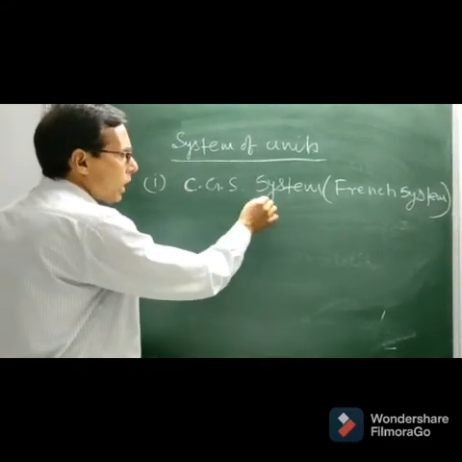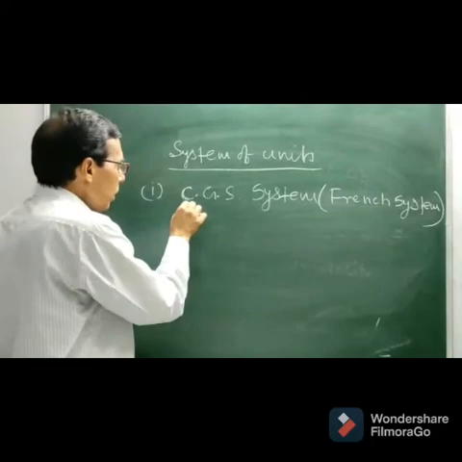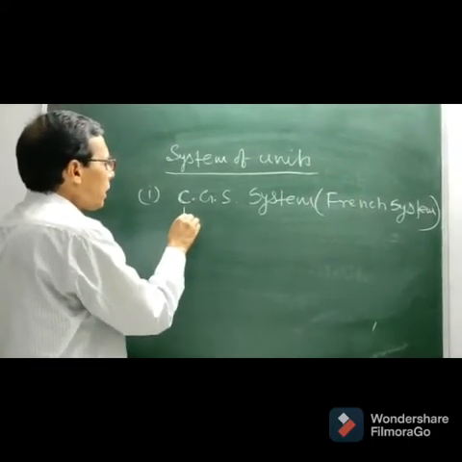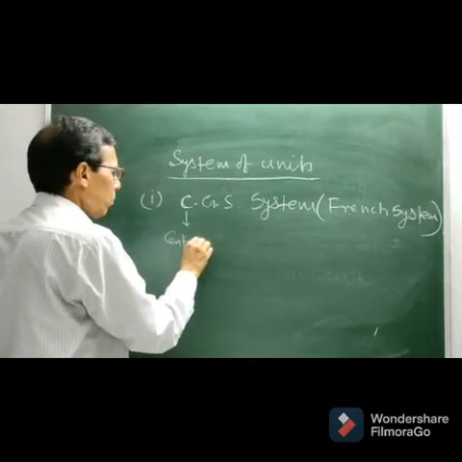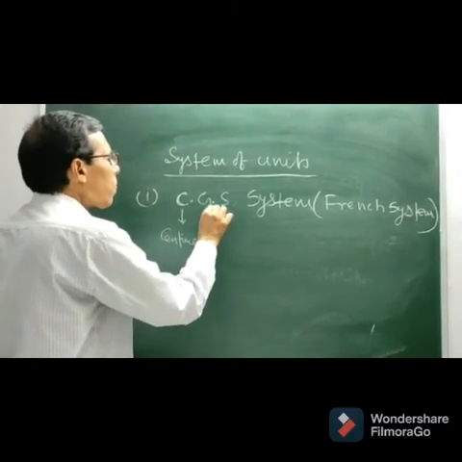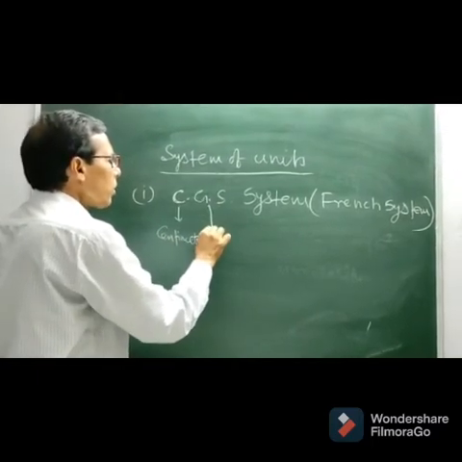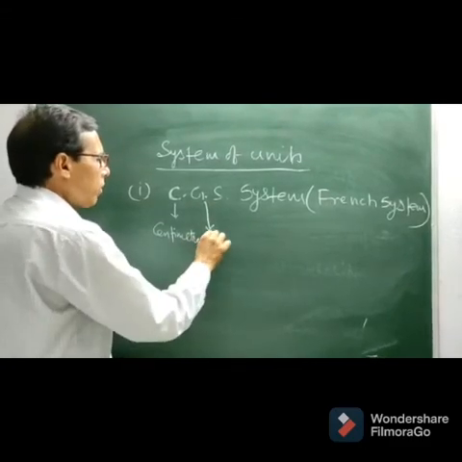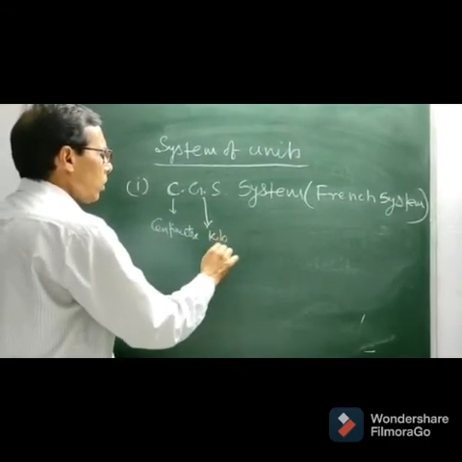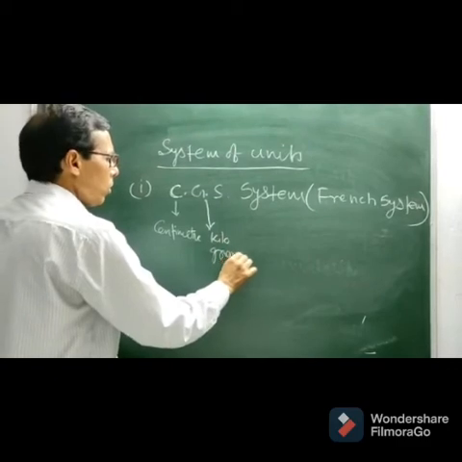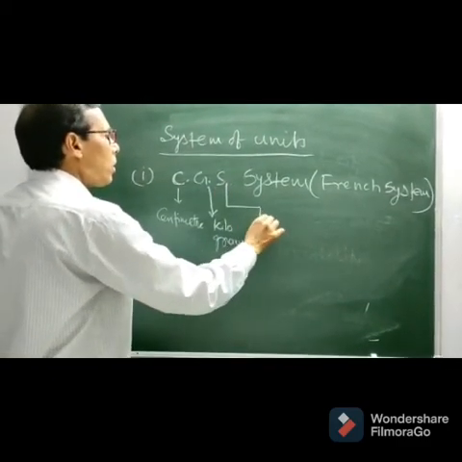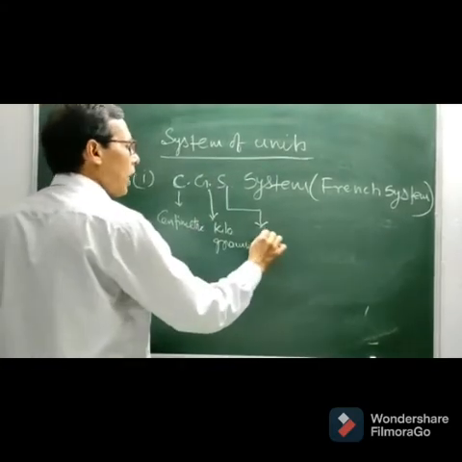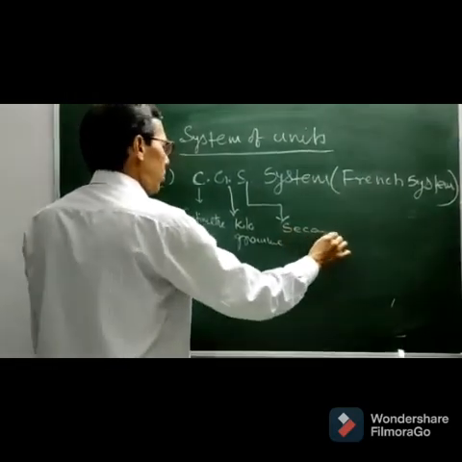So in CGS system or French system, length is measured in centimeter, mass is measured in gram, and time is measured in second.